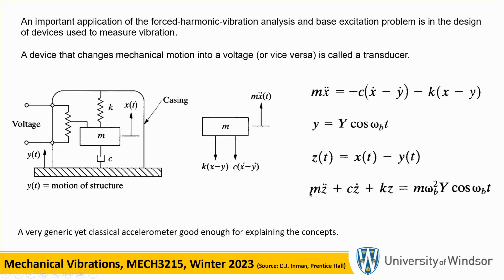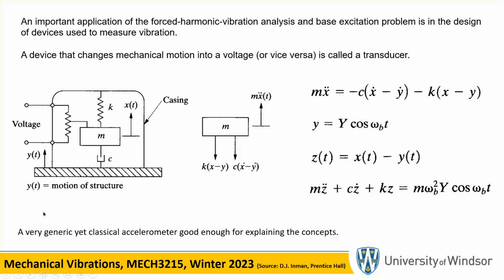We have seen something like m x double dot plus c x dot plus k x equal to something like this on the right hand side. Okay, now the only difference here is that the same equation applies for the relative motion of the mass with respect to the moving base in this form. Okay, so we know how to solve this because we have solved it when this was x.